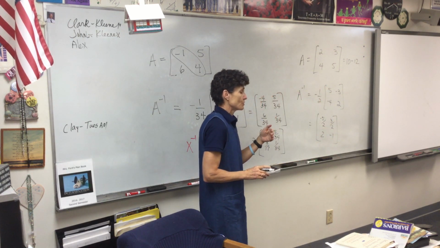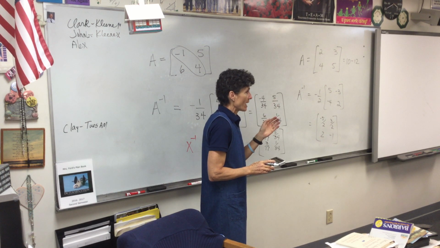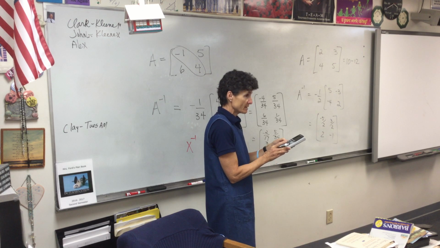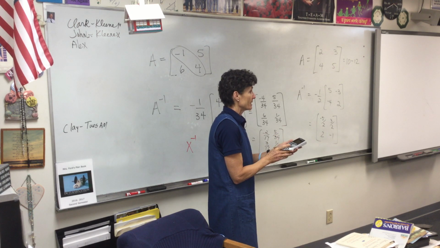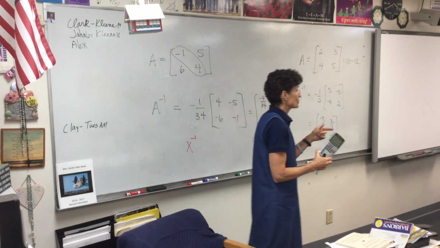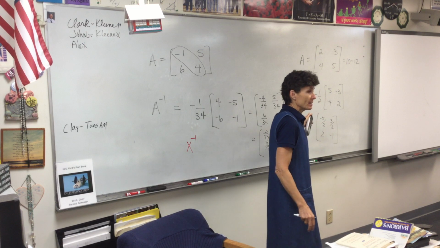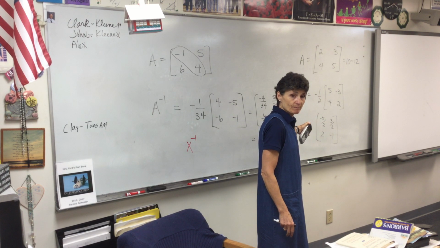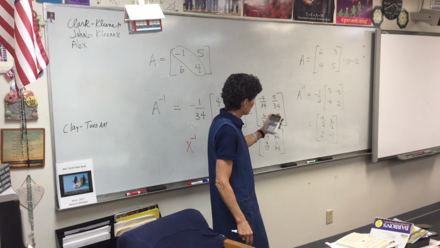But I want you to get used to those big, long, hideous decimals, changing those into fractions. So all you have to do is, once you get the decimal form up, just press math. Very first thing highlighted is frac. Just hit enter. Math frac turns decimals into fractions. So you should have exactly what we have up here. Right? So if you didn't, you probably typed something in wrong. It is right. That's what we got.